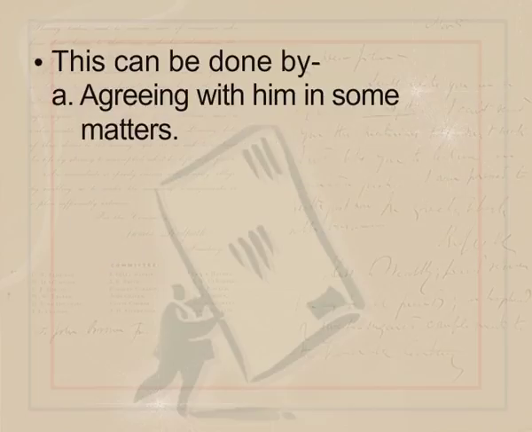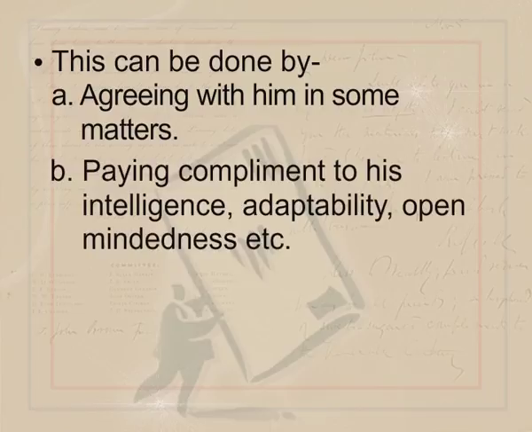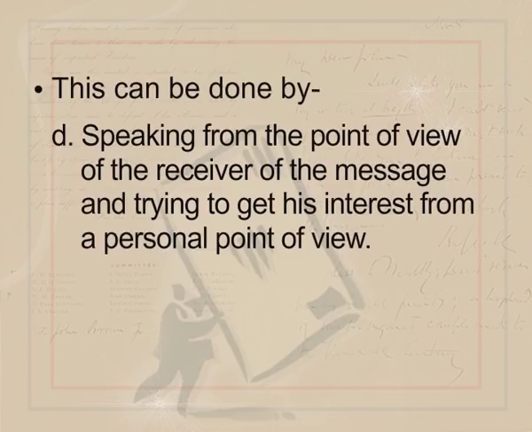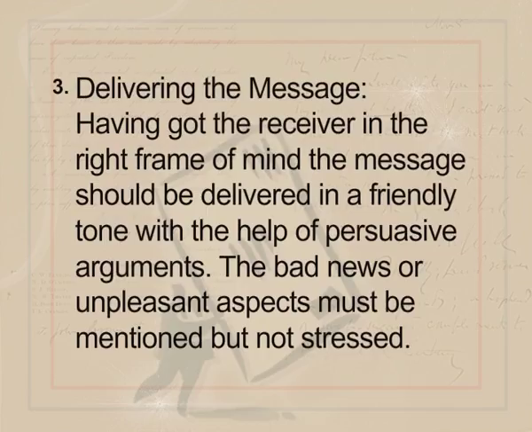This can be done by agreeing with him in some matters, or paying compliments to his intelligence, adaptability, open-mindedness, etc., or delaying mentioning bad news or unpleasant aspects of the topic, or speaking from the point of view of the receiver of the message, or trying to get his interest from a personal point of view.